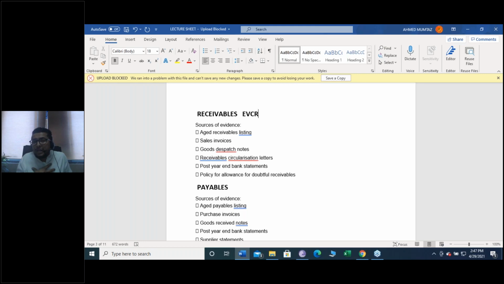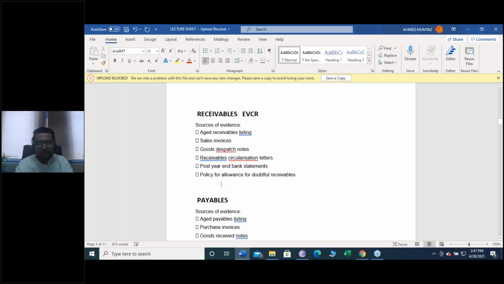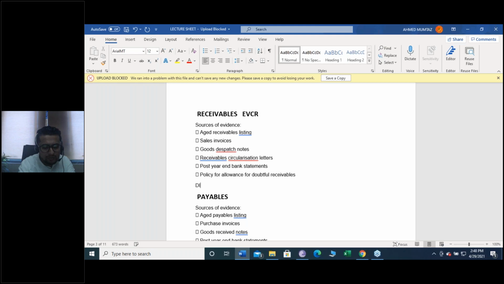I've got apprehension in my mind. Maybe the customer was eligible for 10% discount, but you have awarded 20%. So maybe the receivable is not correctly stated, the valuation is not correct, and that has got to do with the discounts. So another way of verifying the valuation is the discounts.